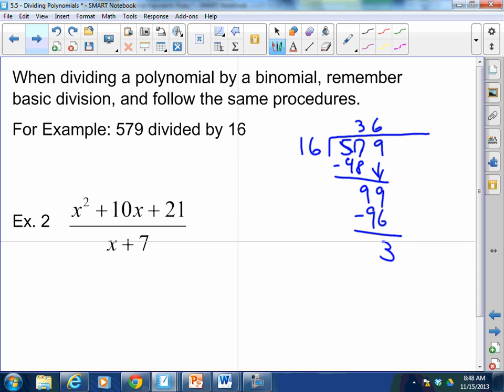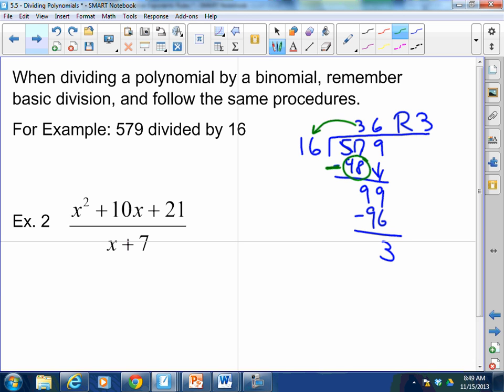Now I know that at this point you would put a decimal and you would have a decimal answer. But we're going to go back to elementary, way back in the day when you first did division. You would have a remainder of 3, correct? Let's analyze what we did here. We asked how many times does 16 go into 57? We said 3. We multiplied 3 times 16 and we subtracted the product of 48, correct?